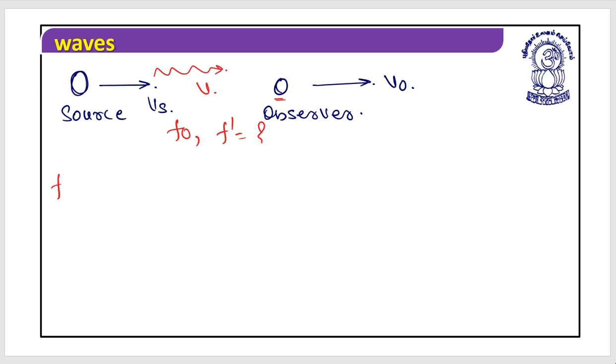If I write down the standard formula, it's f dash equals f naught into bracket (v plus minus v naught) divided by (v plus minus vs), and I need to find the f dash.